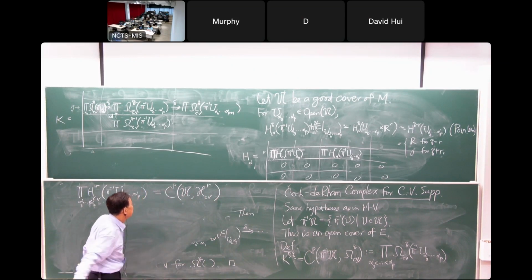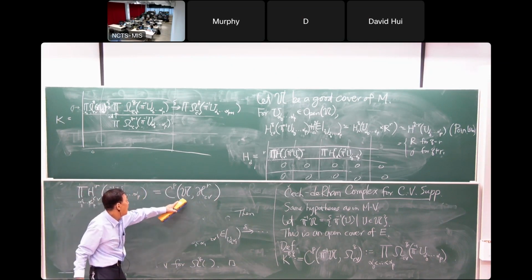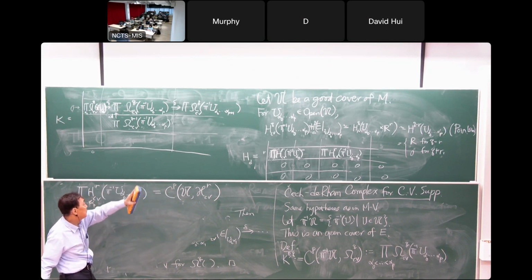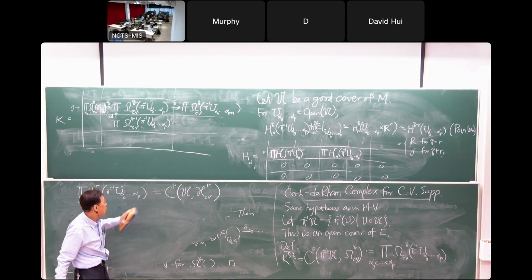That's precisely what that is. To every open set that's a finite intersection of open sets in the good cover, you associate this cohomology group.